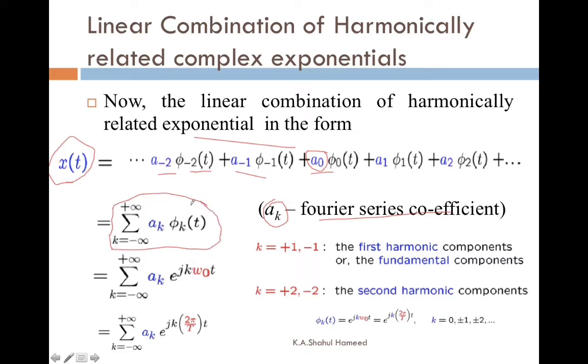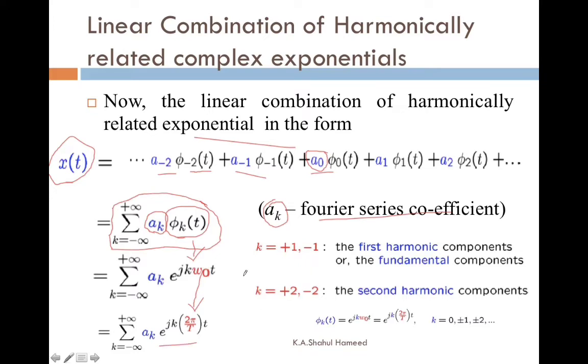So I'm going to write this equation as the sum of k equal to minus infinity to plus infinity of a suffix k phi k of t. I am going to substitute phi k of t in this equation. I will get summation k equal to minus infinity to plus infinity a suffix k e power j k omega naught t, and when you substitute omega naught equal to 2 pi by T, you will get this equation.